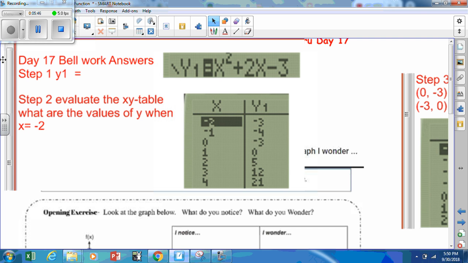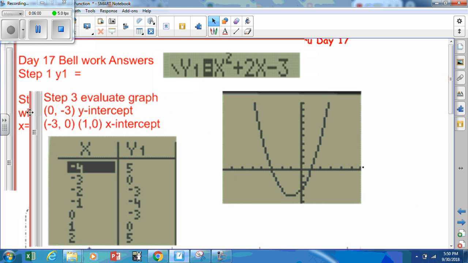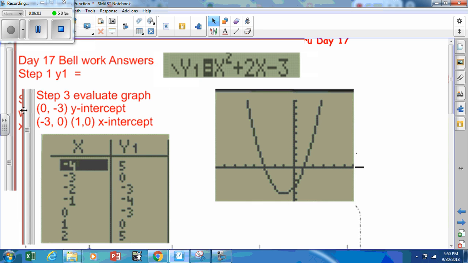Next, evaluate the graph and look at our y-intercept and our x-intercept. This is pretty nice. My x-intercept, we notice there's going to be two of them. So I'm actually crossing the x-axis twice. That's very common when I have functions of this nature.